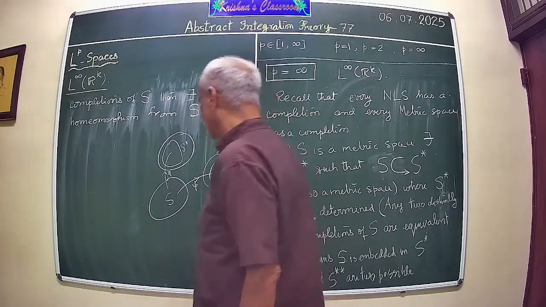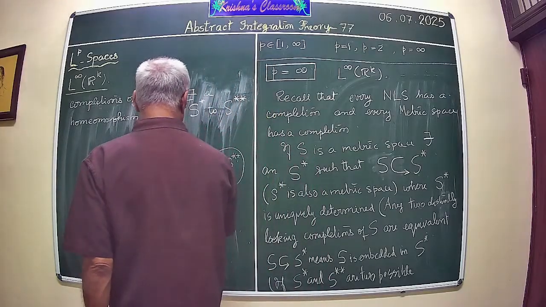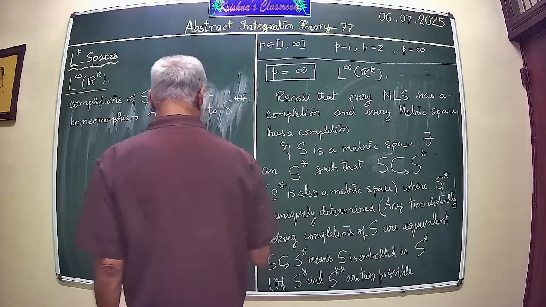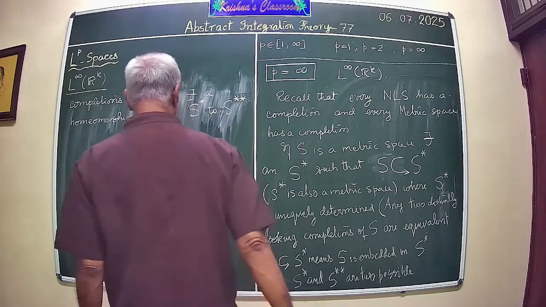So that's easy to work out. Psi chi is the homeomorphism.